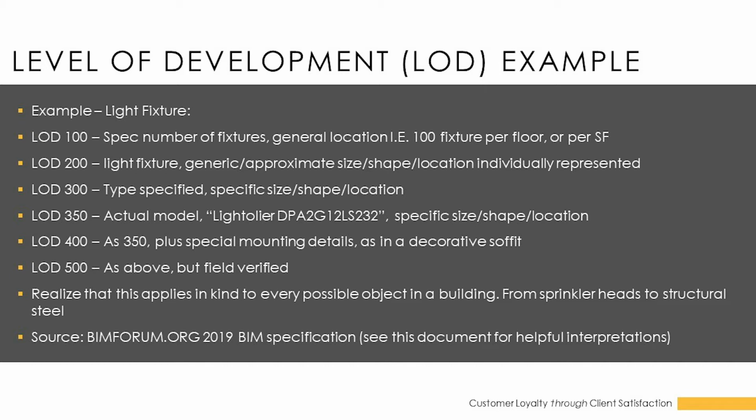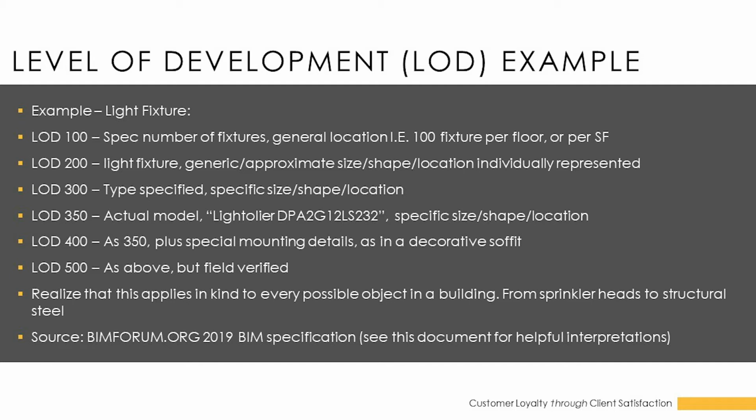When you get to LOD 350, now you're specifying exact actual model numbers and makes and manufacturers of your light fixtures and their locations. Level 400 is the same as level 350, plus you're prescribing mounting and special details, if there might be decorative options, if there's certain angles that the reflector in the light needs to be.